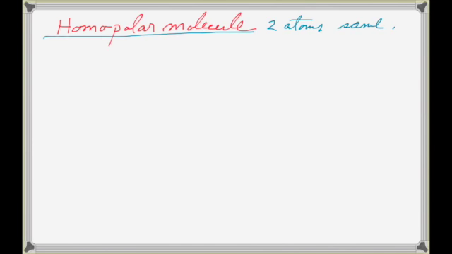We're going to be drawing more complicated versions of these, but if we start off with a homopolar molecule, which means 2 atoms are the same, you'll see these kinds of diagrams in textbooks. You start off with a single energy level when they're far apart. This is your energy axis, and it's what we've been doing from the beginning. As you bring these atoms close together, they're going to start feeling each other.